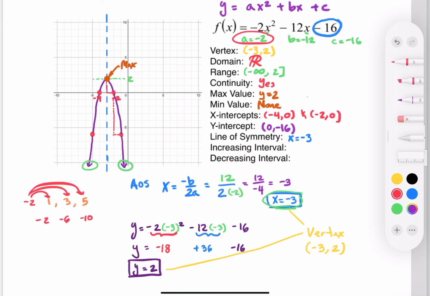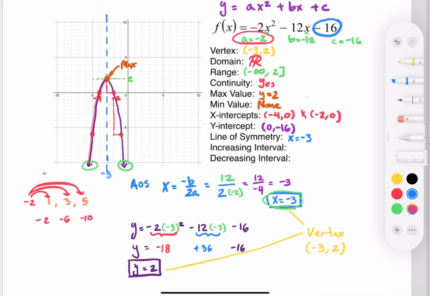And finally, we have our increasing and decreasing intervals. Now, if we read the graph from left to right, we can see that the left side is going in an upward direction. It's increasing from left to right. And it keeps increasing up until I hit that axis of symmetry. Now, remember that axis of symmetry is located at -3.